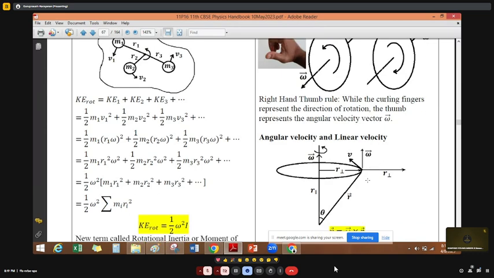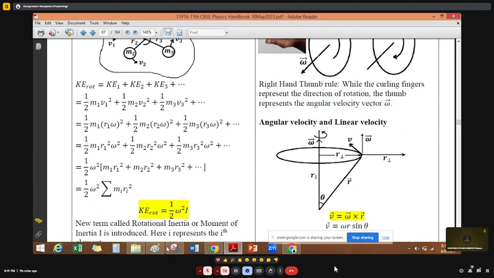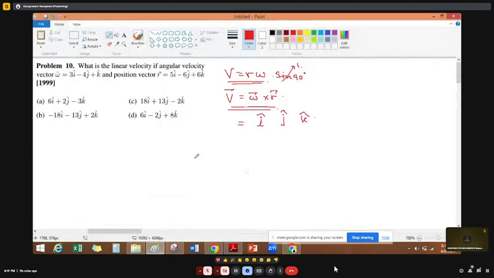Omega cross r. Okay. If that is not clear, I will explain one more time. Listen carefully. So this is r, this is the linear velocity v. Omega, if I push it this way, will be represented like this, just like your torque. Now v is like this. r I will bring over here because the tails should be touching each other.